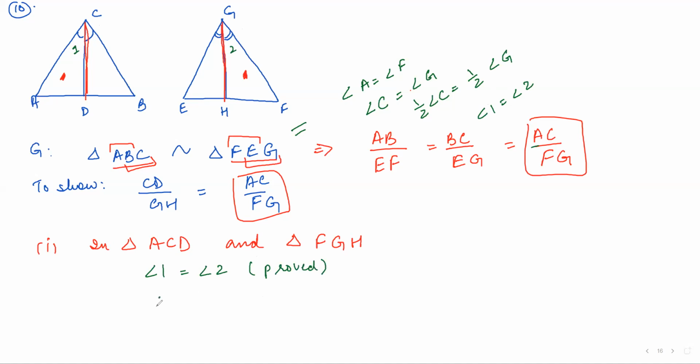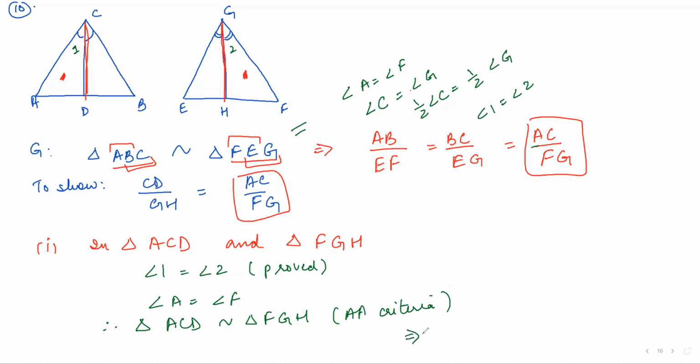And then angle A is equal to angle F. So two angles I am getting the same here. So that means the triangles are similar. Therefore, triangle ACD is similar to triangle FGH, right? Yes, Sarah, by AA criteria. Now, because the triangles are similar, the corresponding sides are in proportion.